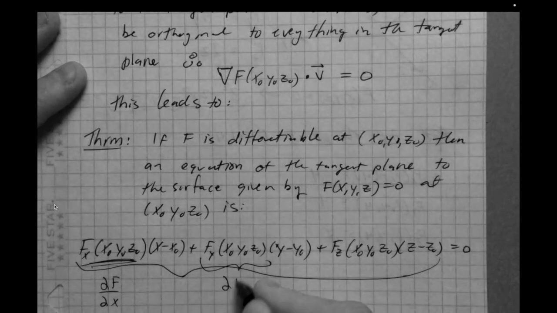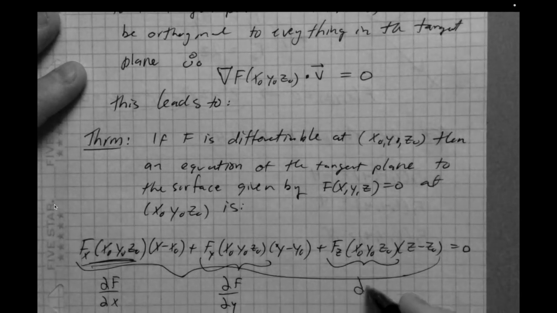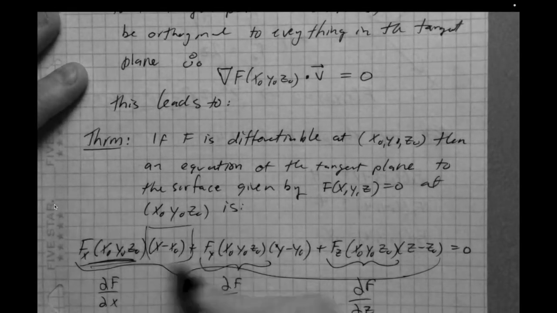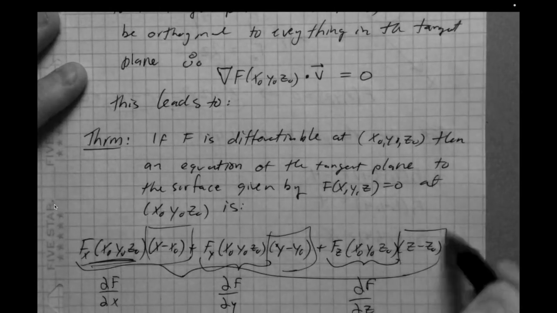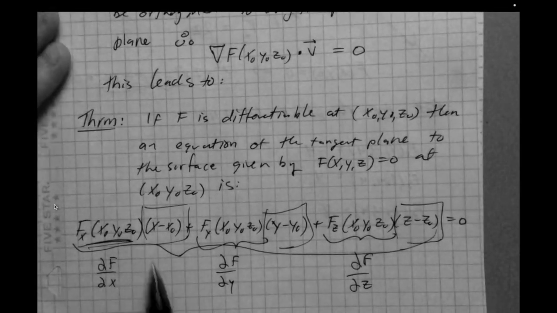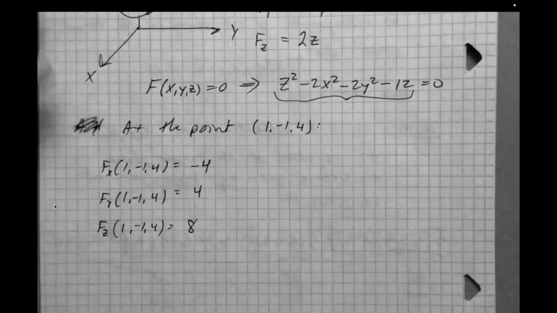This is the partial del f, del y. And that's the partial del f, del z. This other part is just x minus x naught, y minus y naught, z minus z naught. So this looks like a big convoluted mess, but this is actually fairly easy. It's just partial times x minus x naught, partial times y minus y naught. So this is really easy to use, and we can just plug in the numbers that we found here.